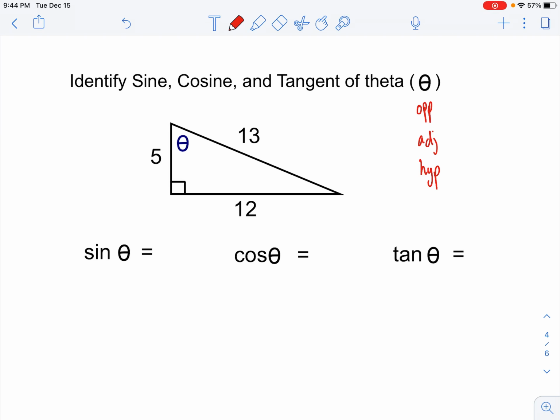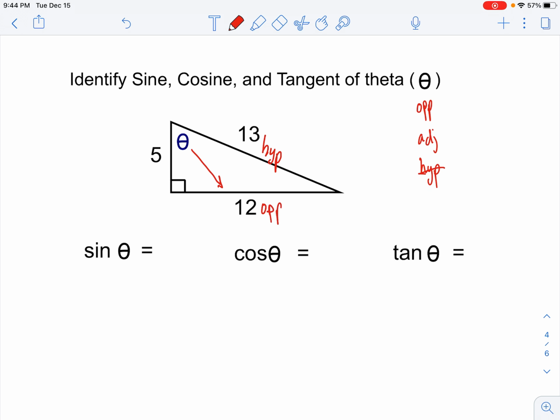The hypotenuse is typically the easiest one. That's the longest one, so that would be the 13. Then the opposite side is usually the one I go for next, and that's the one across from the angle we're dealing with. I'm going to label opposite there, and then adjacent is the one next to that, so that's going to be the 5.